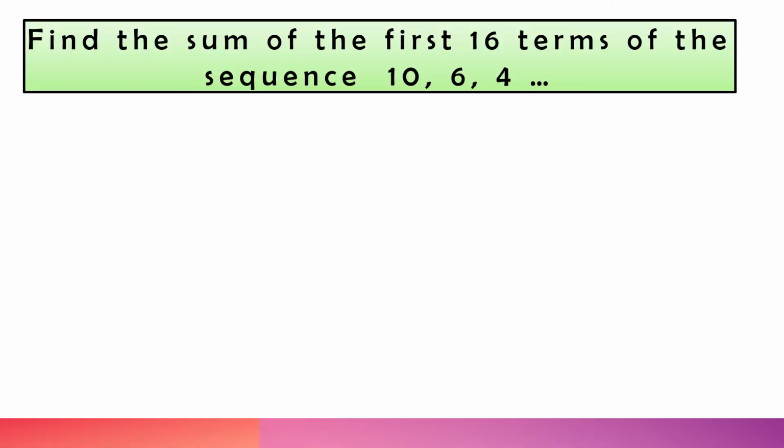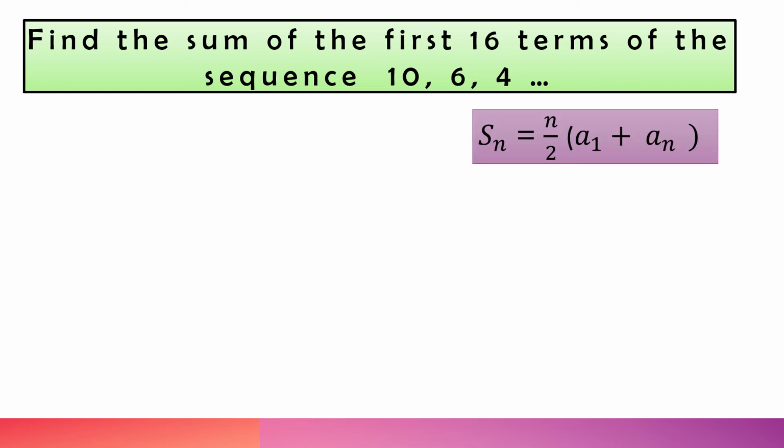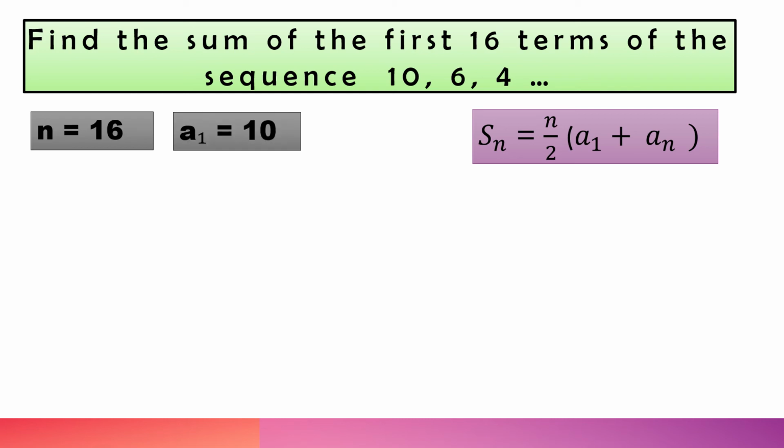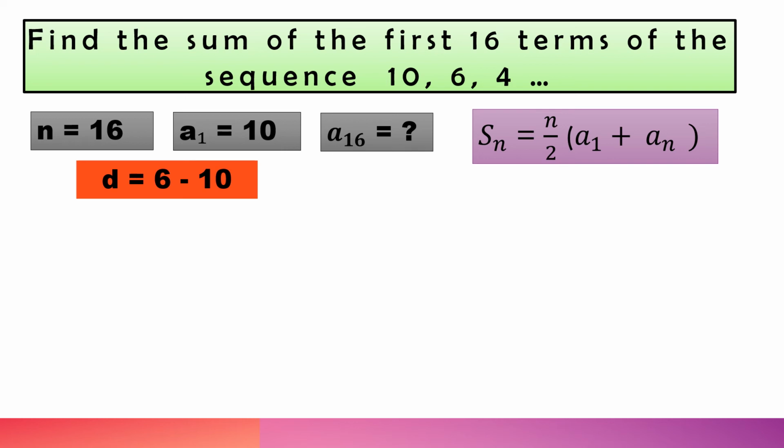Find the sum of the first 16 terms of the sequence 10, 6, and 2. Using the formula S sub n is equal to n over 2 times the quantity a sub 1 plus a sub n, try to solve first for the 16th term of the sequence, wherein n is equal to 16, a sub 1 is equal to 10, and d is equal to 6 minus 10, which is equal to negative 4.